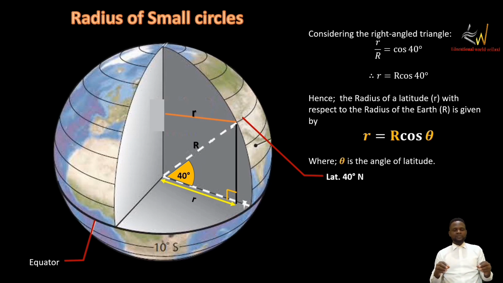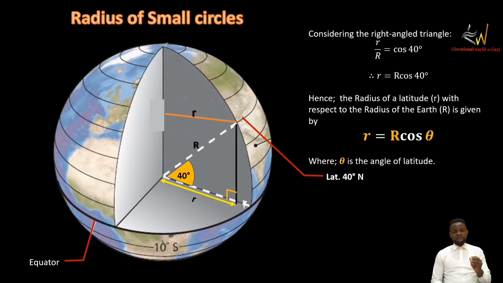This simply means that the radius of any given latitude is equal to the radius of the earth multiplied by the cosine of the angle of that latitude. Whether it is latitude towards the north or towards the south, wherever it is, the radius of that latitude will simply be the radius of the earth multiplied by the cosine of the angle of that latitude.